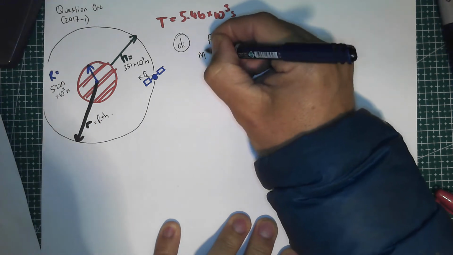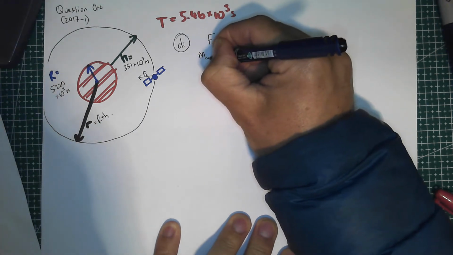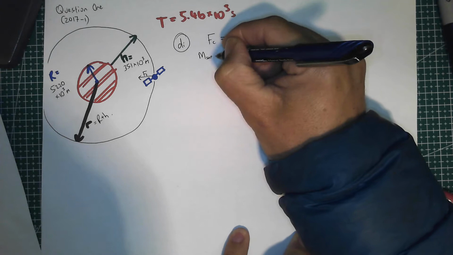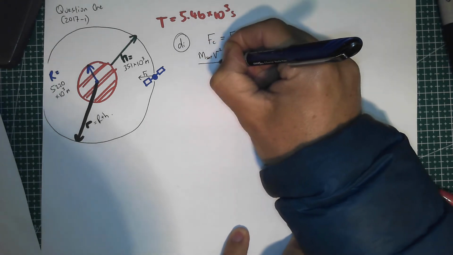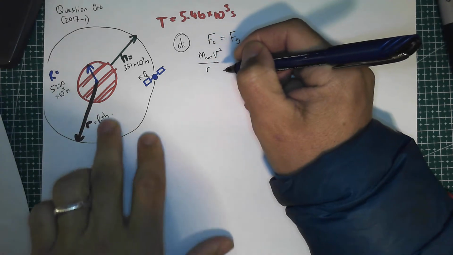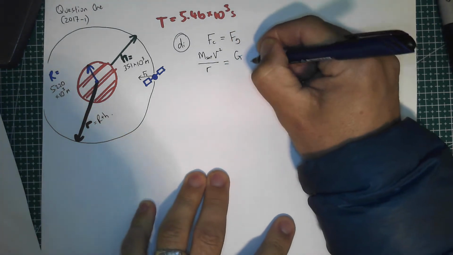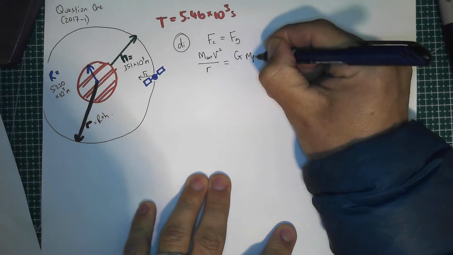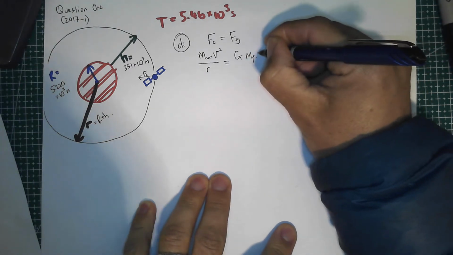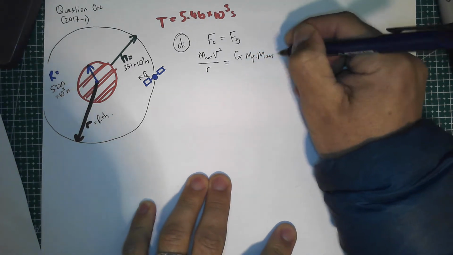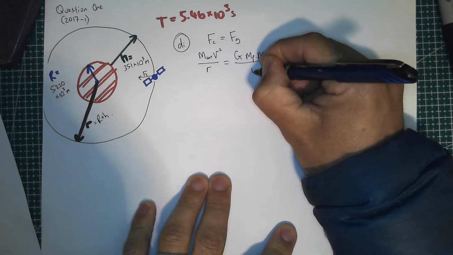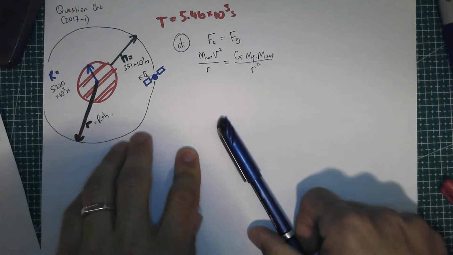So call this mass the satellite, mv squared over r, and remember that's the total radius, is equal to G mp for planet times the mass of the satellite over r squared, again total radius.